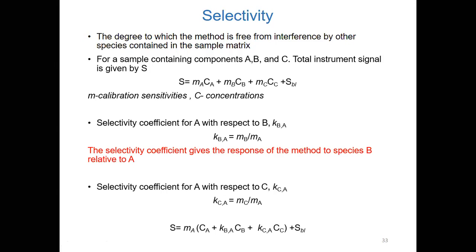So we can easily calculate the selectivity coefficients. So selectivity is also a highly important thing when we select the analytical instrument. So sensitivity, selectivity, detection limit, precision, bias, and what is the other one?